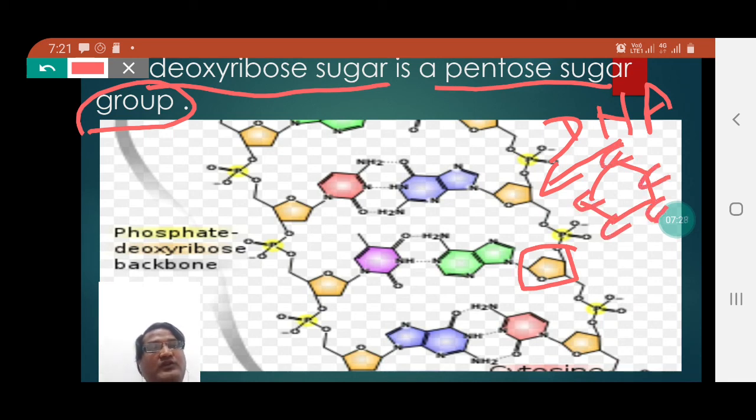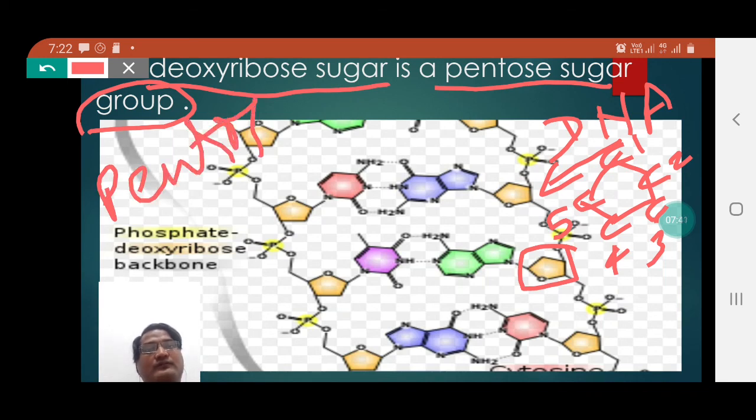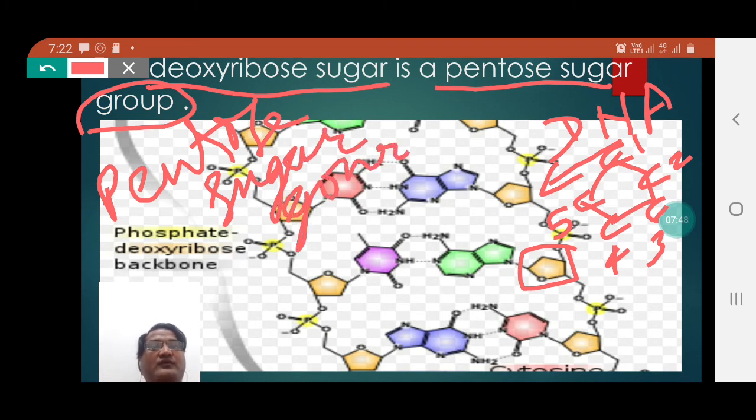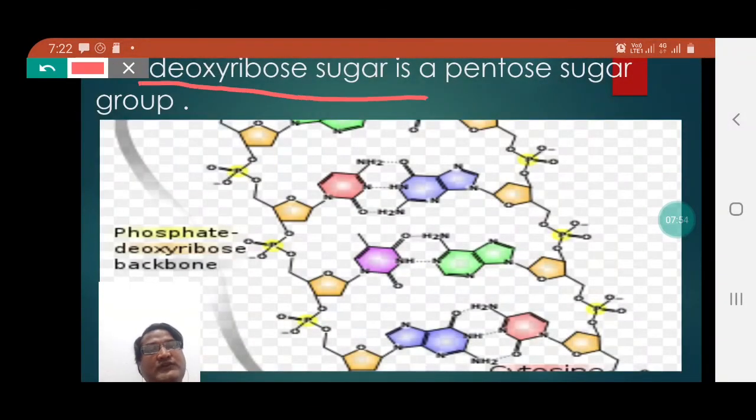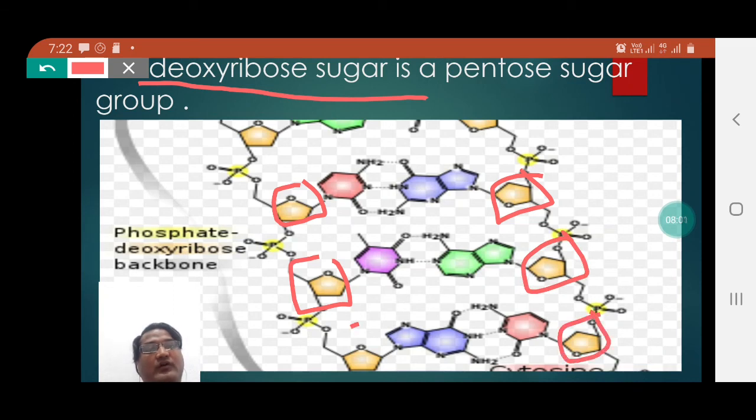So in total 5 carbon atoms are present: 1, 2, 3, 4 and 5. Due to the presence of these 5 carbon atoms, it is called pentose sugar group, and this pentose sugar group is represented as deoxyribose sugar. So students, you can notice here clearly that deoxyribose sugar is present as an important part of the DNA on both the strands of DNA.